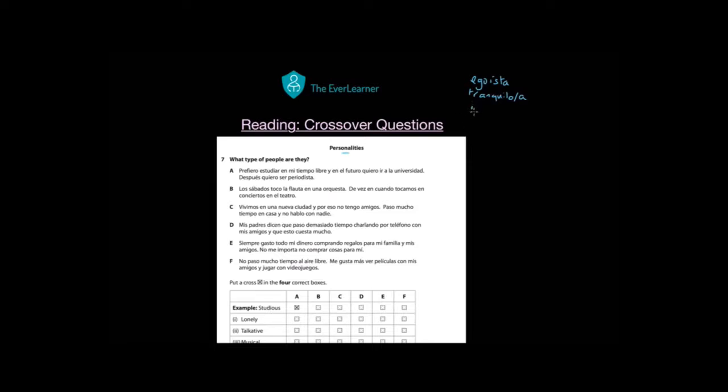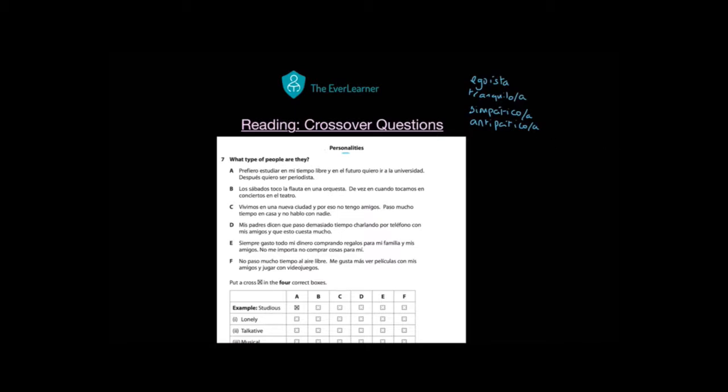Things like simpático, friendly, or the opposite, antipático. Of course, all of them allow the feminine and the plurals. And there are many others, and some of which we will see while we go through this activity.